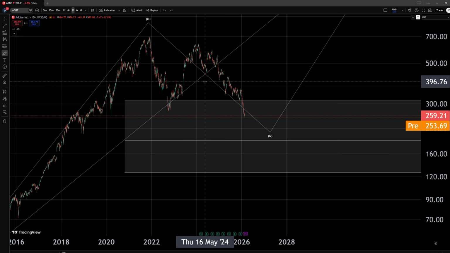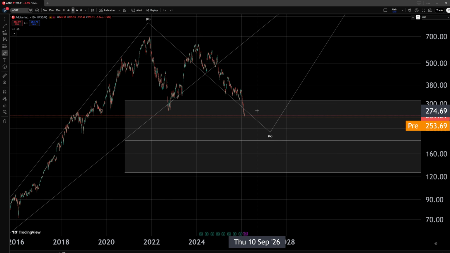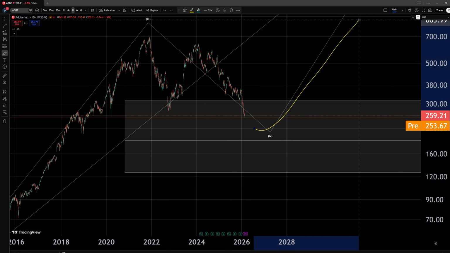So I wouldn't expect this to change. I would still see this as a play that could take years to actually unfold and even take us to new all-time highs, but I am personally not in a rush. I'm looking for the high quality structures, and I believe this could be considered one of them.